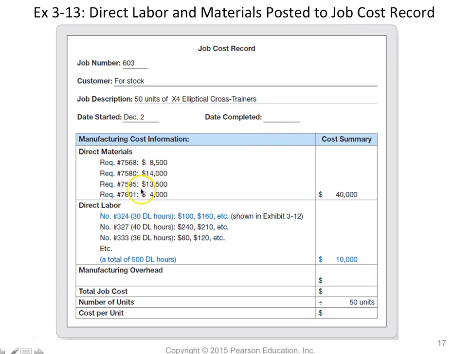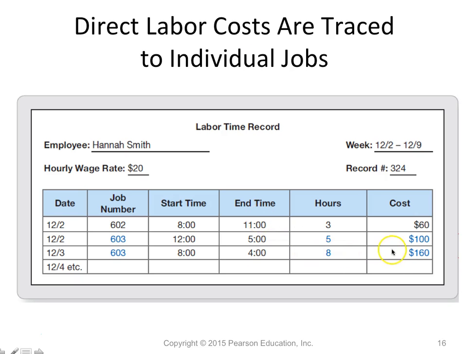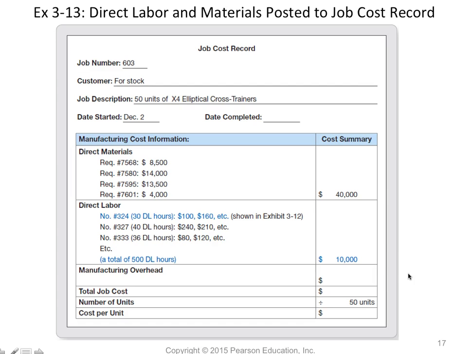So basically, let's see here. 324, remember that it's for Hannah, and she worked a total of 30 hours. So 100, 160, and so on. And it's in the front here. There'll be more on here, but we didn't put them in. So total 30 hours for the month.